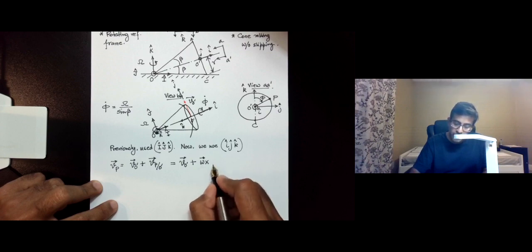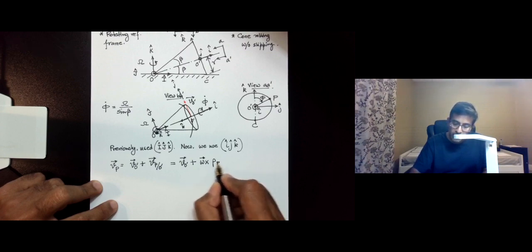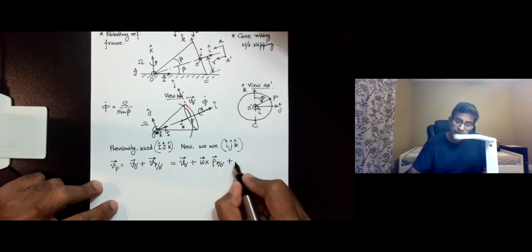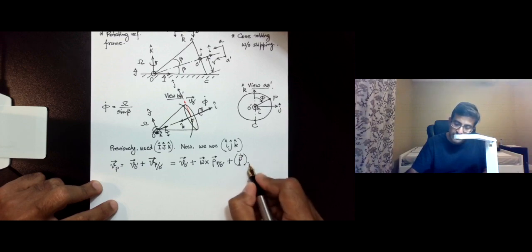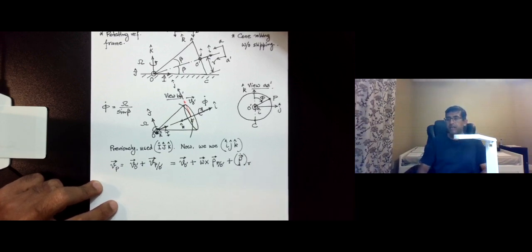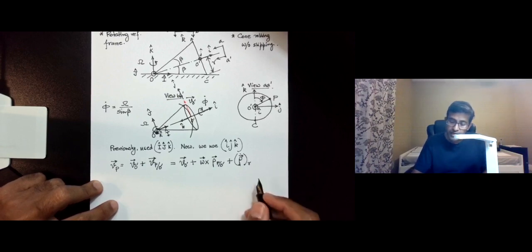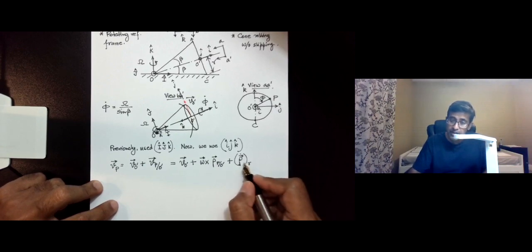So omega cross rho of P with respect to O prime. So that's that. And then if there is a motion of the point of interest within that rotating frame, then that is included, that is added.